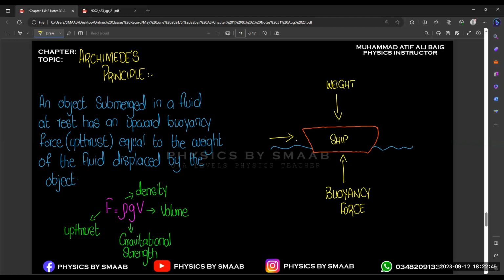And when weight is greater than the upward buoyancy force acting on the ship, the object will sink, right? Because it's like the resultant force. So you can just take reference from the resultant force. If both forces are completely equal and opposite, the object will float. Otherwise, it will sink into the water.